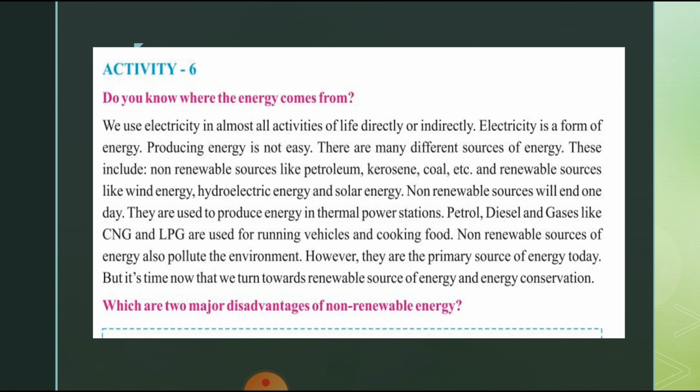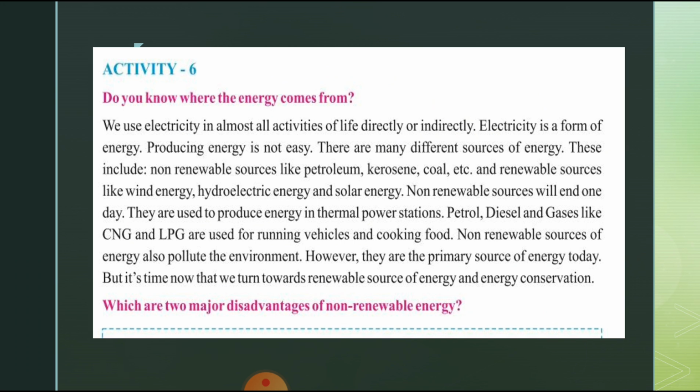And petrol, diesel, and gases like CNG and LPG are used for running vehicles and cooking food.